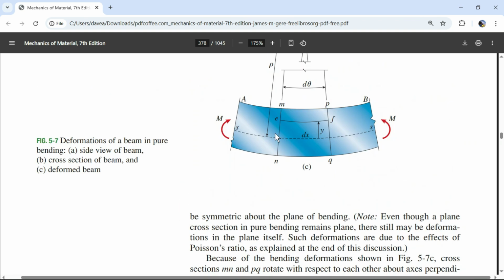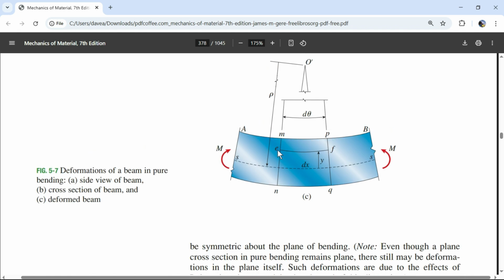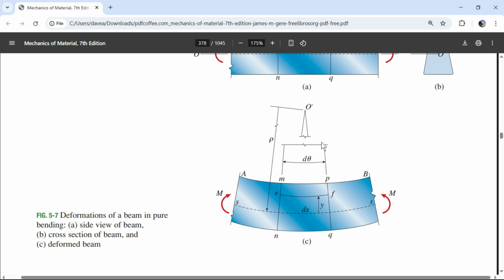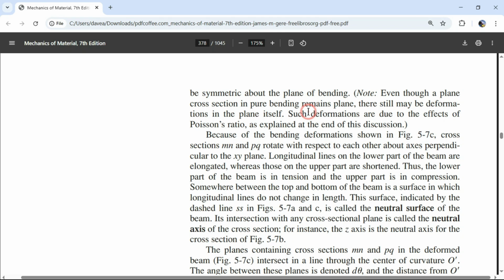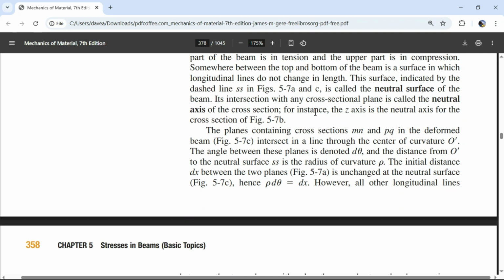Because it crunches in and stretches out, these lines rotate. If we extended these two lines, they meet at this point. You extend them up and you meet at the center of a circle, which we're calling capital O prime. That's going to be the center of curvature.